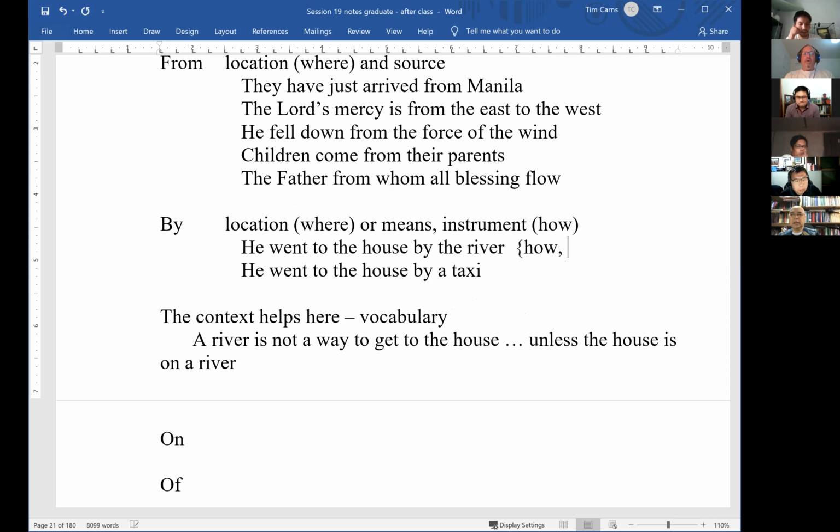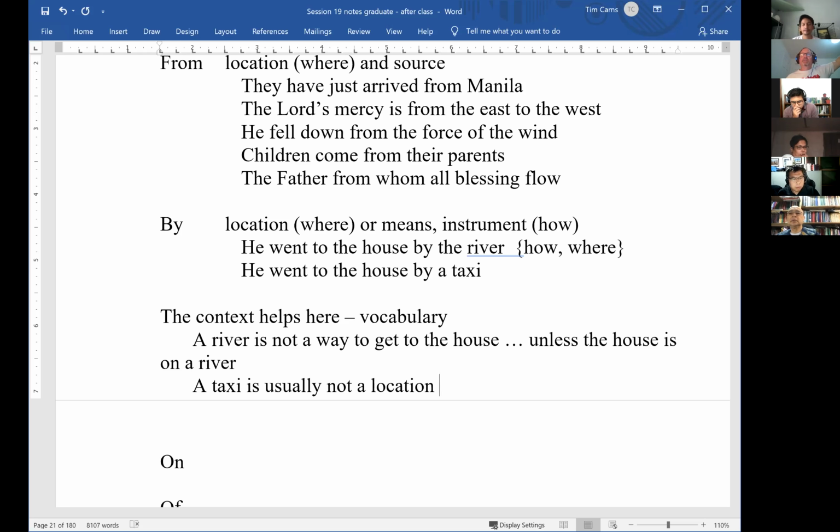Or it could be a where. Now, in this sentence, we know what a taxi is. So a taxi is never a location necessarily. Right? Because what if we're talking about a house and we're describing it? It's the house over there by a taxi, or we might say by the taxi.